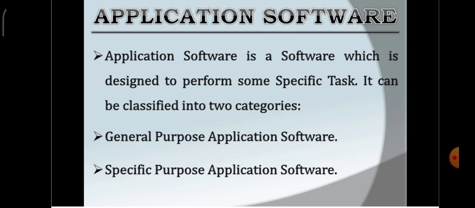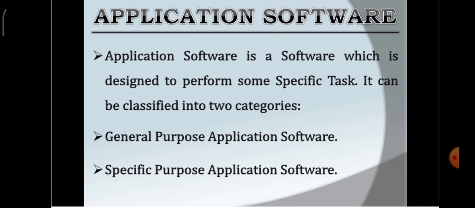Application software is a software which is designed to perform some specific task. It can be classified into two categories: general purpose application software and specific purpose application software. General purpose application software is like the Word document, which you can use generally. Similarly, Excel, you can use as general purpose. But what is specific purpose application software?